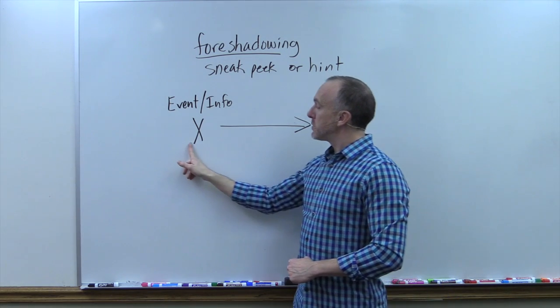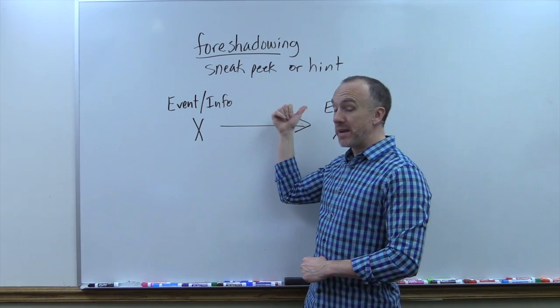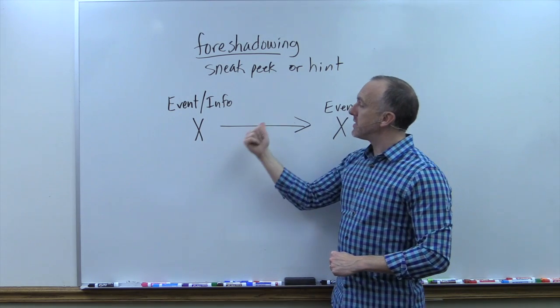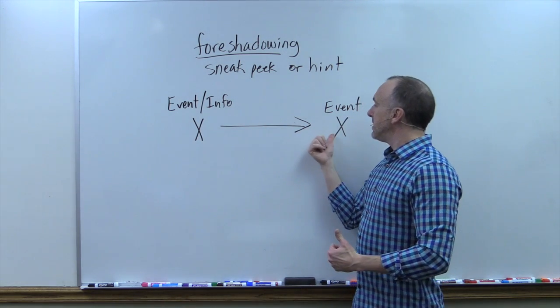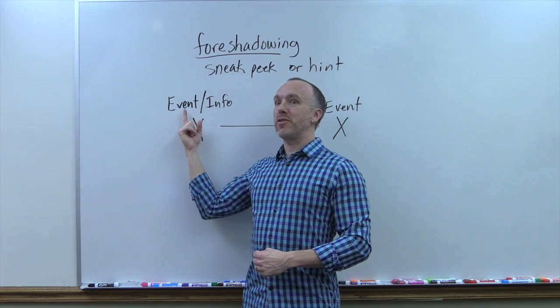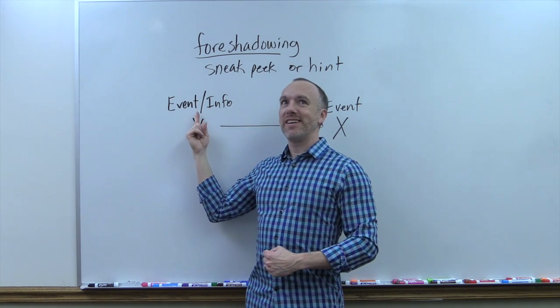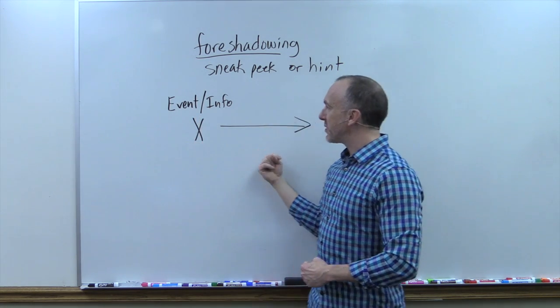Again, sometimes when we read this information or see this event, we say, oh, I predict this is going to happen, and it does. Sometimes our prediction is wrong. But foreshadowing, typically in the subtle form, is when you get to this event and then you remember either a previous event or information that says, aha, this was foreshadowed. The author was foreshadowing that.